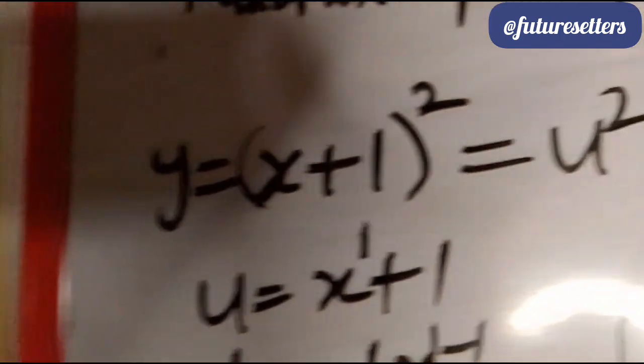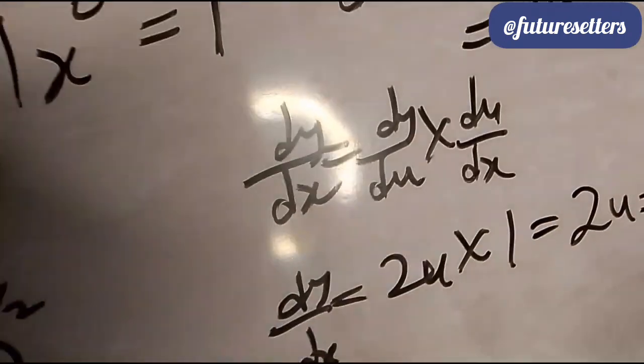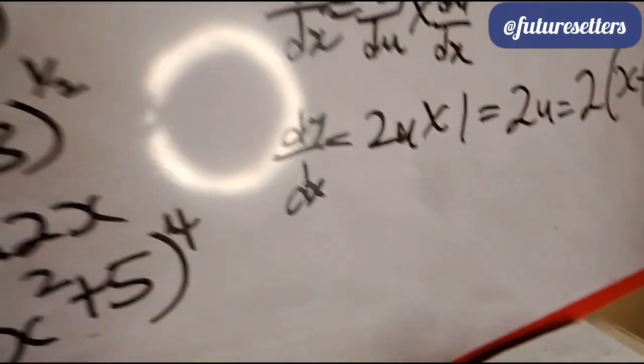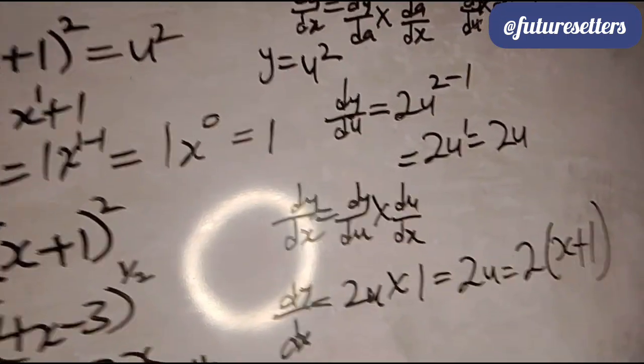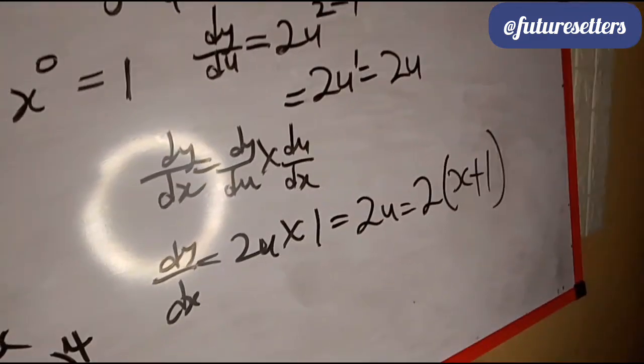And what's u? We'll come back to this place, u is x plus 1. So in this case, we have 2 into x plus 1, and that's going to be our final answer. So take note of this.